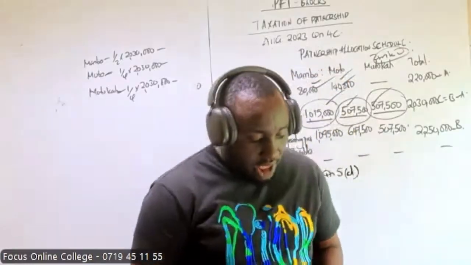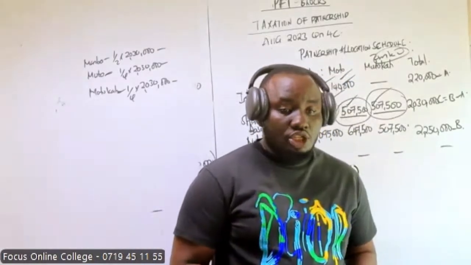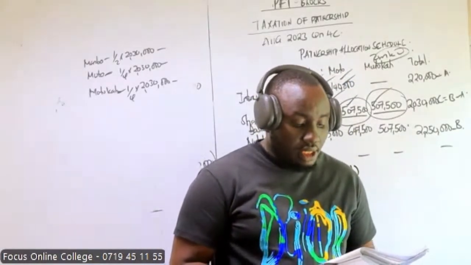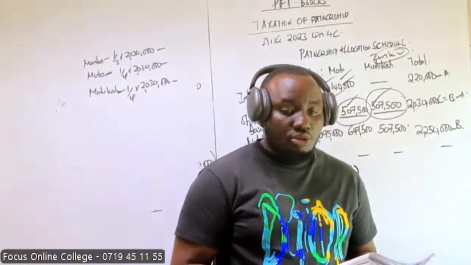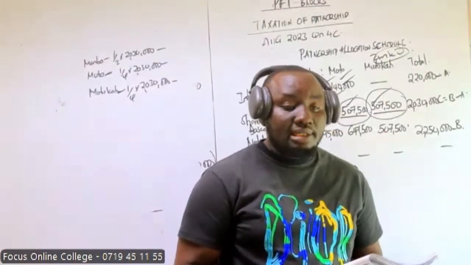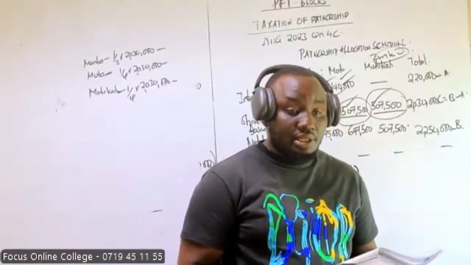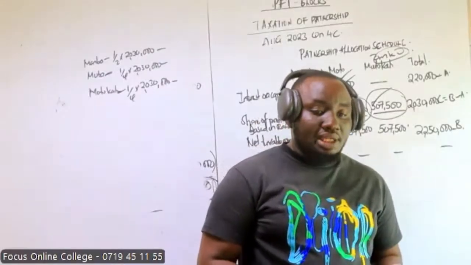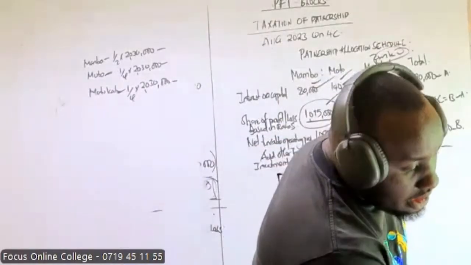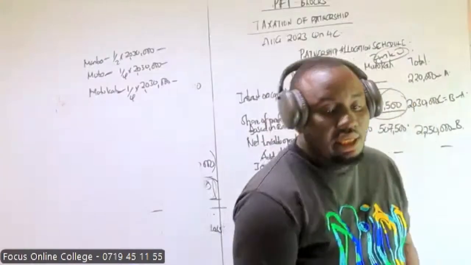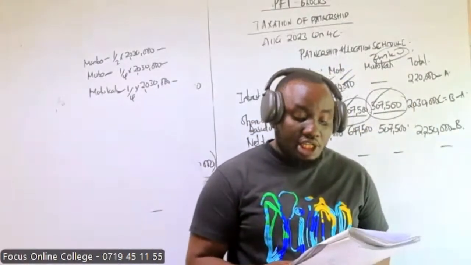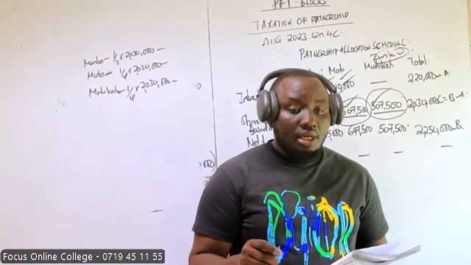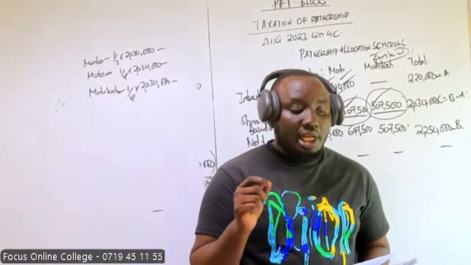We've been told that James and Patrick are partners trading as Highway Enterprise, and sharing profit and losses equally. So what is the profit and loss sharing?